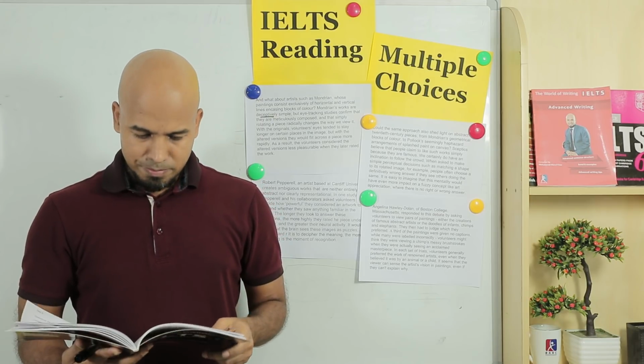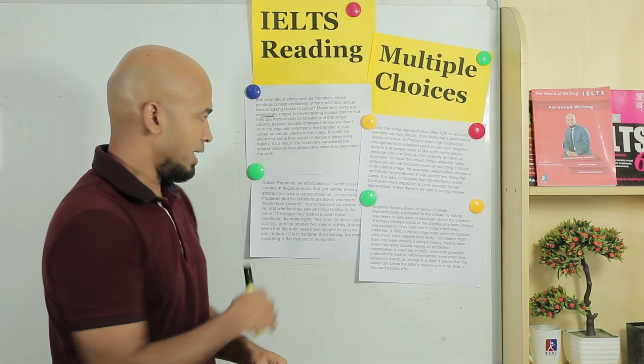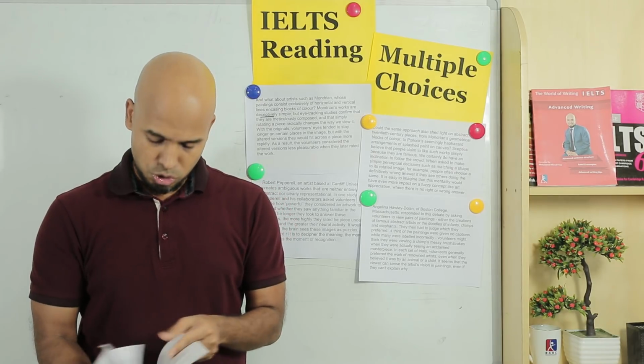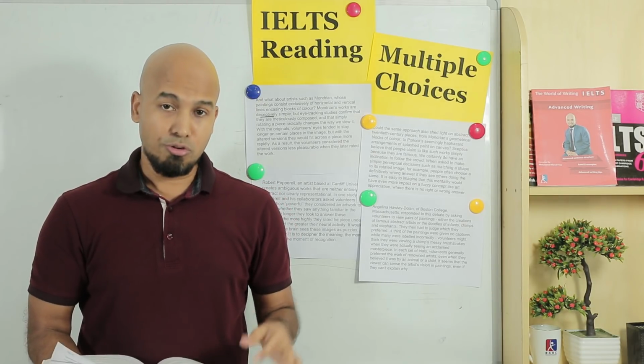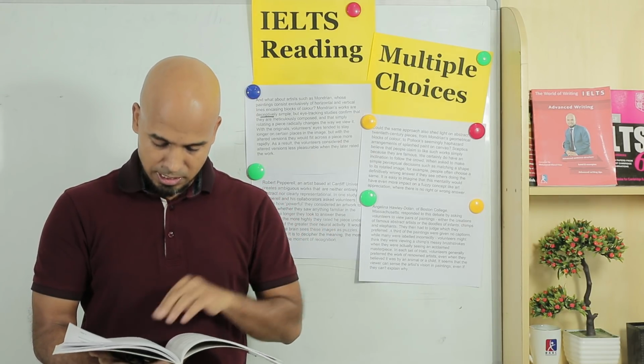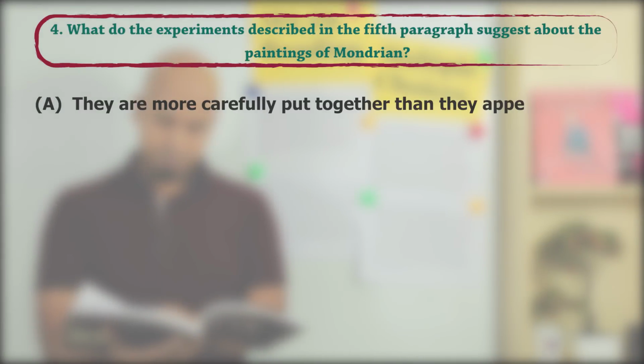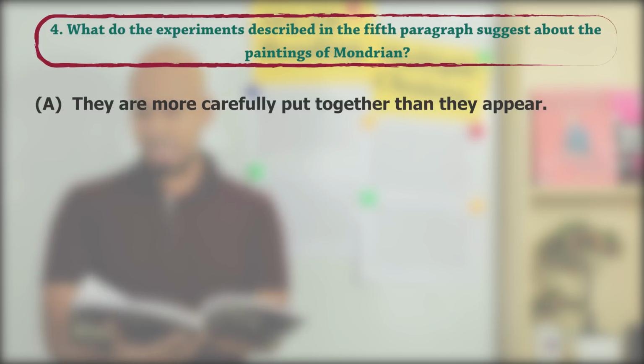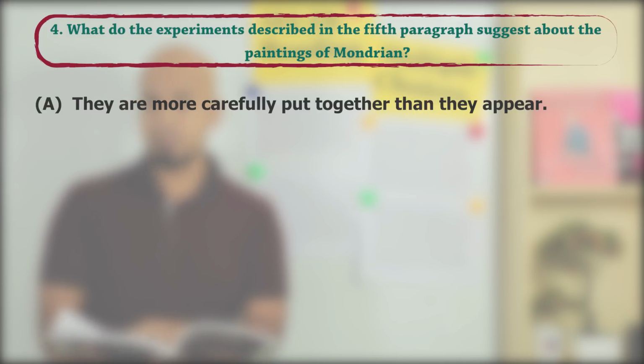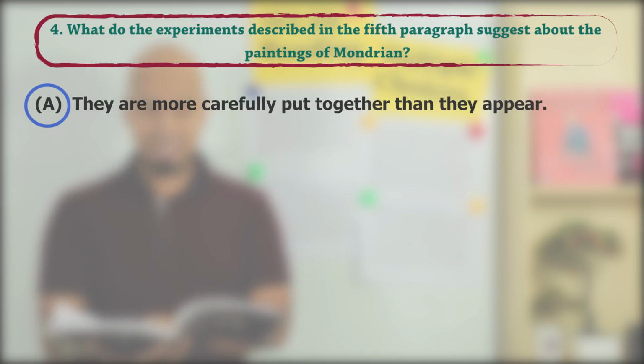I think we don't need to read everything until the end. So if we go for A, B, C, D, let's see. Number A says, they are more carefully put together than they appear. I think maybe this is the answer.